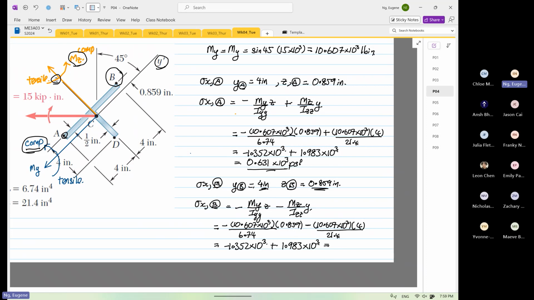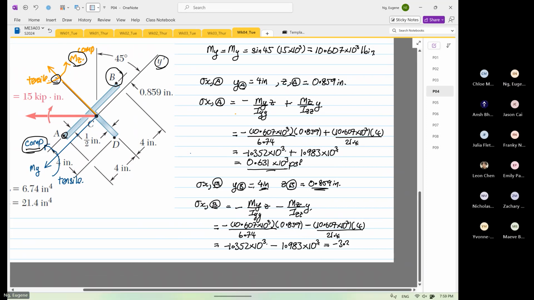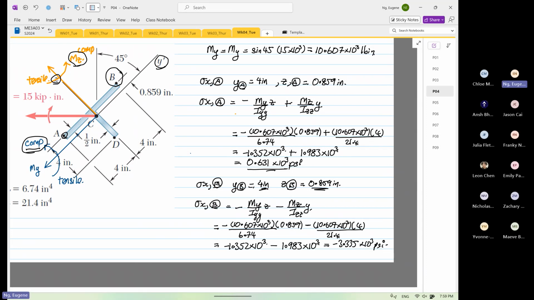So the value over here is 1.352, and then I need to minus again. Is equal to minus 3.335 times 10 to the power 3 psi. Okay, right. Let's take a 5 minute break, and we come back again.